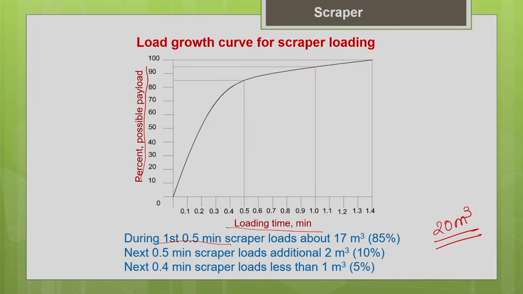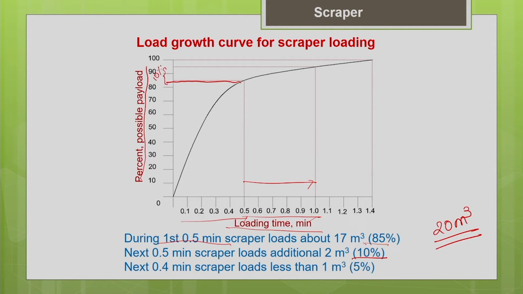Now you are loading the material into the bowl. For the first 0.5 minute, your payload percentage is 85%. In the first 0.5 minute, I have filled 85% of the scraper bowl. But for the next 0.5 minute, till 1 minute, you can see I have filled only 10%.